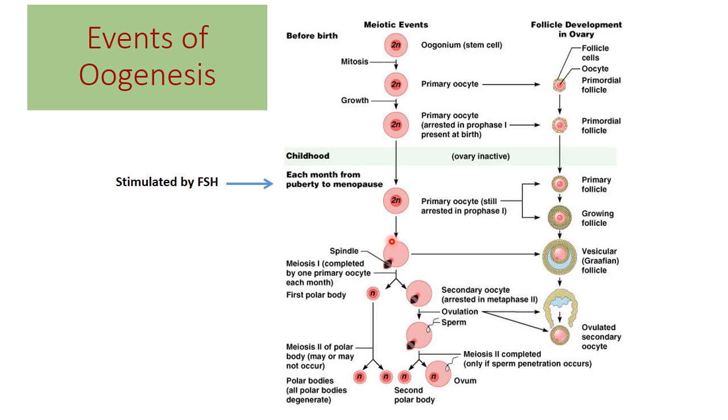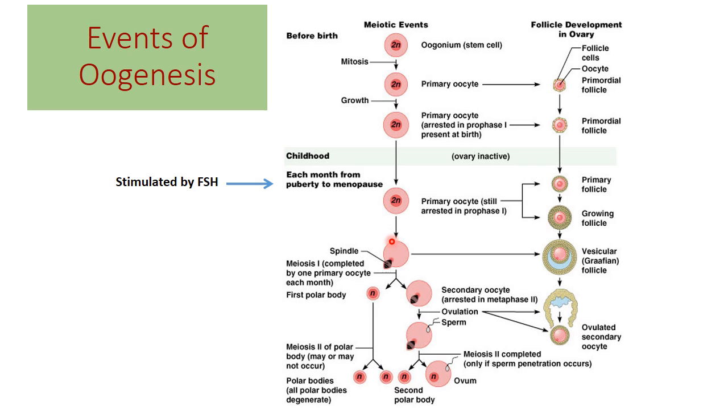So these primordial follicles are located within the ovaries and will stay in that state, arrested in prophase 1 of meiosis 1, through childhood, and then during adolescence, puberty, with changing hormone levels. Each month from puberty to menopause, one of these primary oocytes or primordial follicles will be chosen to continue on and will go through meiosis 1.